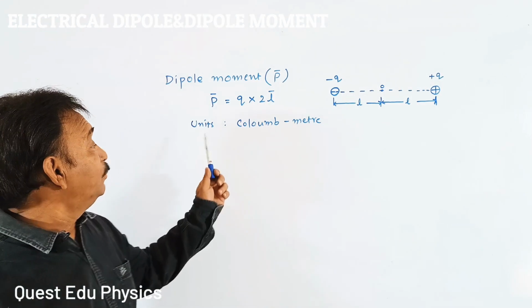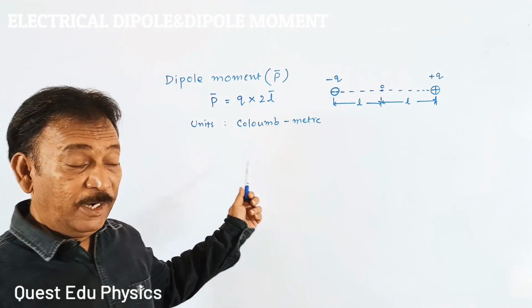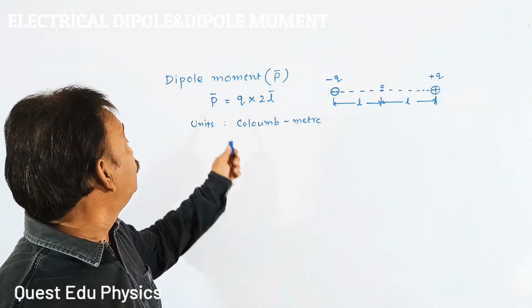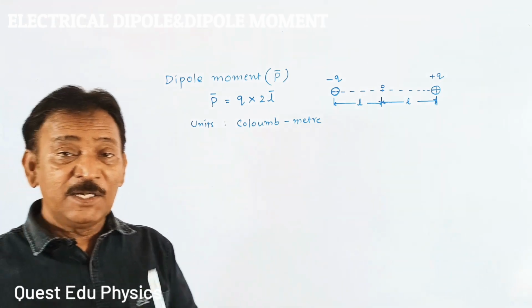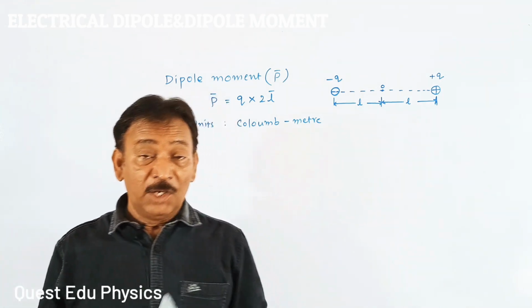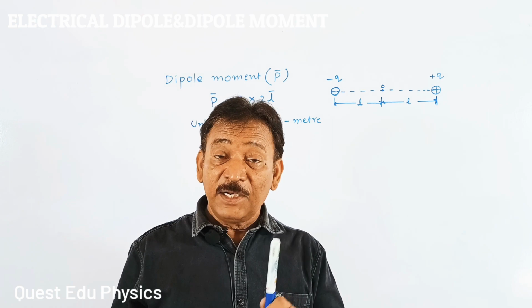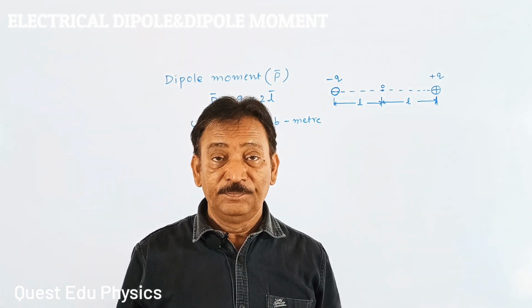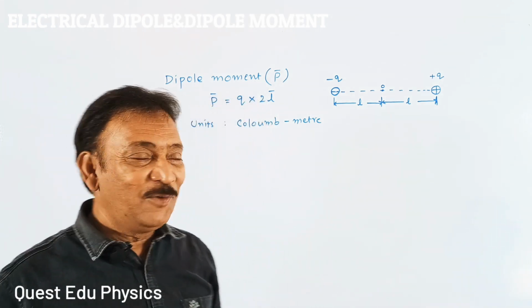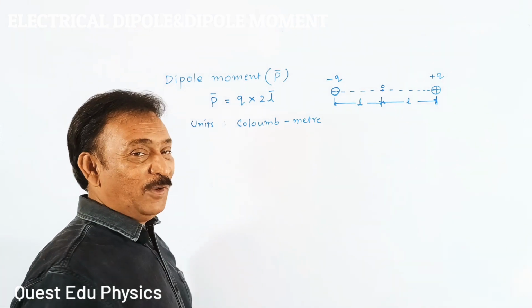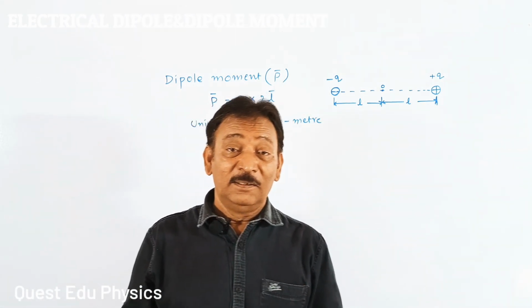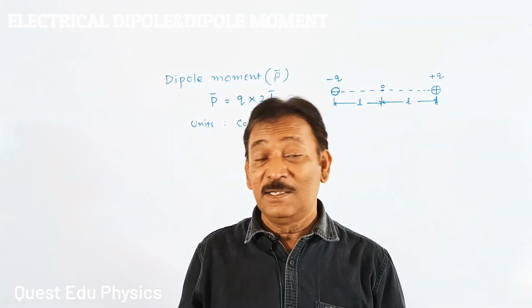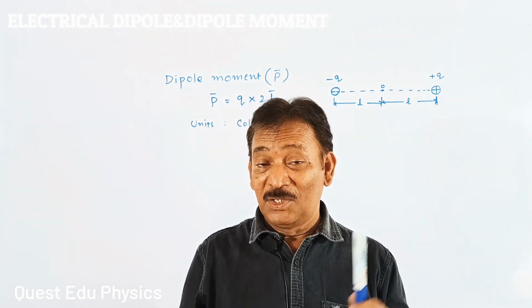Okay, students, we already learned that the unit of dipole moment is coulomb meter. The next important thing in dipoles is the direction of the dipole moment, students. You can remember it very easily. When we talk about the electric field intensity, you have learned that the direction of the electric field intensity is from positive to negative.